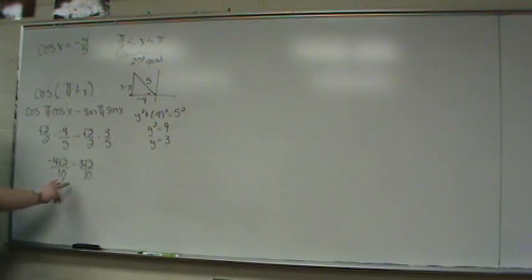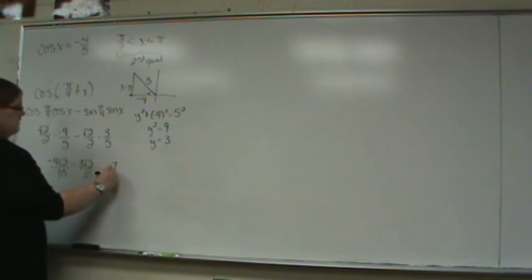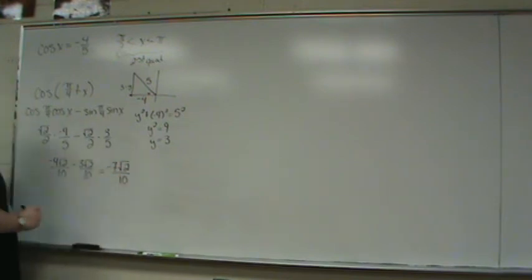So now we have common denominators, and if you notice on the top, we also have the same roots, so we can actually combine this entire thing. And that's going to give us negative 7 root 2 over 10.